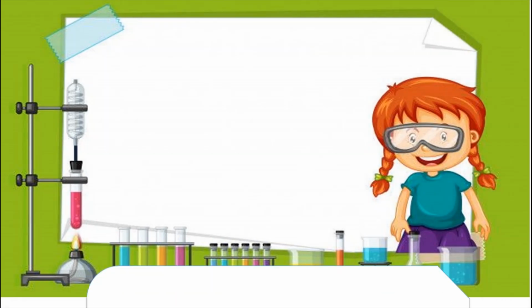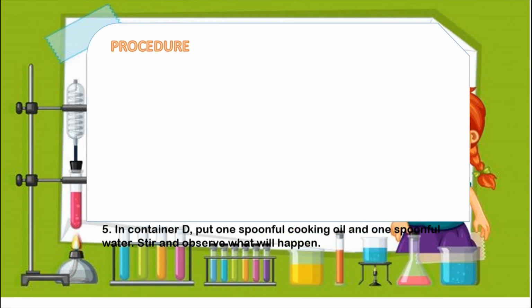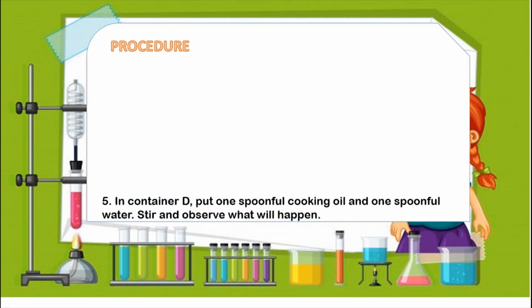Okay, number 5 procedure. In container D, put 1 spoonful of cooking oil and 1 spoonful of water. Stir and observe what will happen. Okay, next sa container D. Unsa man atong ibutang diha sa container D according to the procedure?